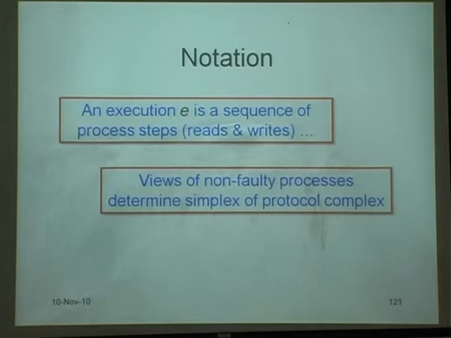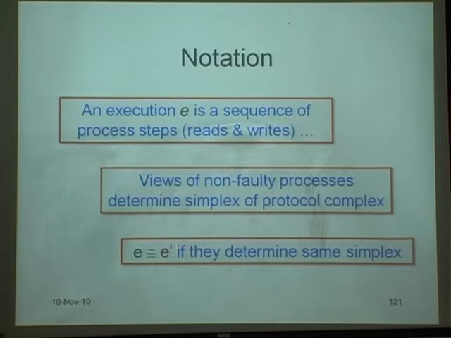If a process crashes, it doesn't appear in the reachable complex, so we don't care what it saw. But everybody who's non-faulty, whatever their view is in the execution tells you what their vertex is. And in particular, you can have two different executions where the views are the same, either all the views or some of the views.